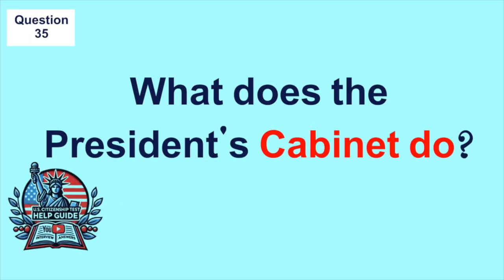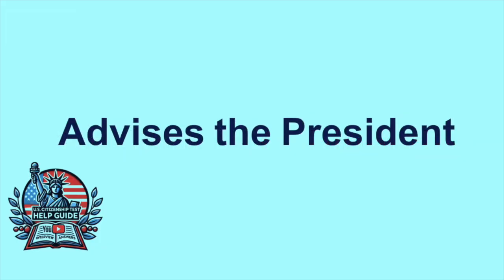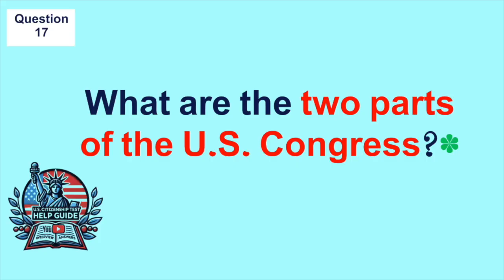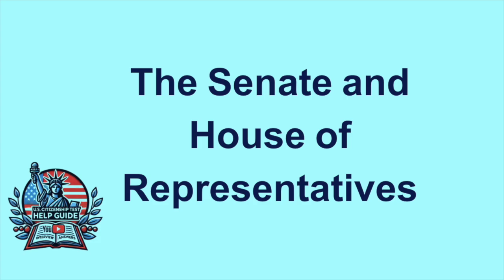What does the President's cabinet do? Advises the President. What are the two parts of the U.S. Congress? The Senate and House of Representatives.